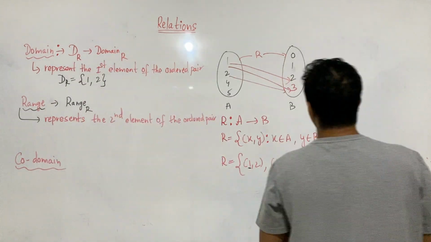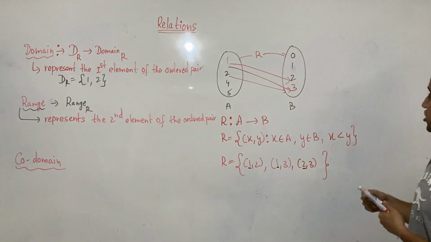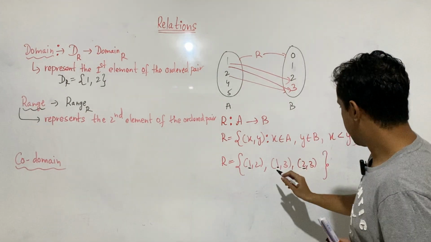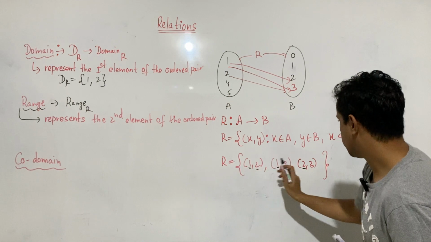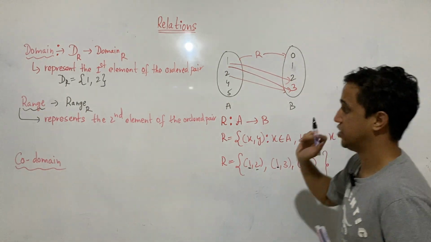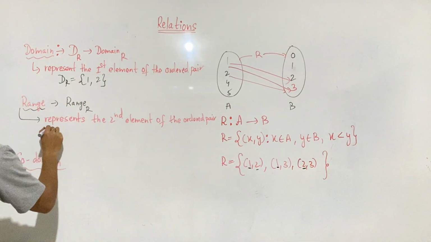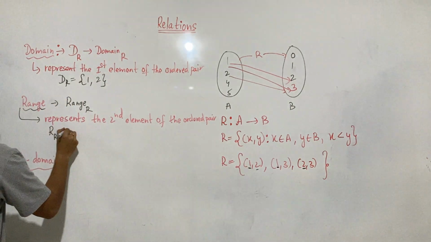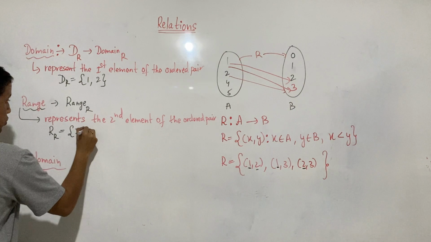So what's going to be the range here? Now see here, 2, 3, 3 means 2, 3. So here the range is going to be 2, 3.